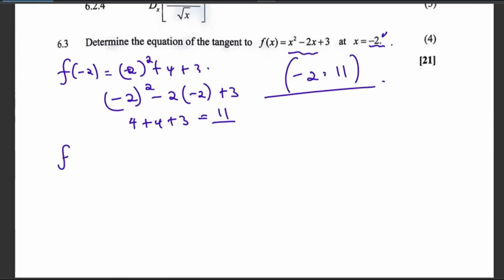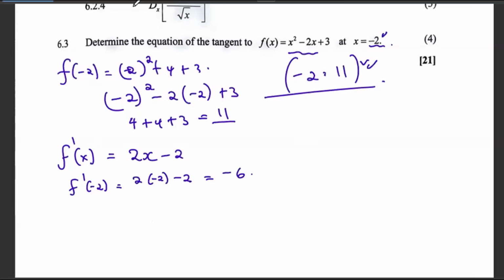Then we need to find the first derivative and substitute negative 2 to get the gradient at that point. So it's going to be 2x minus 2. The first derivative at negative 2 is 2 multiplied by negative 2 minus 2, which gives us negative 6. So our gradient is negative 6, and this is the point of interest.